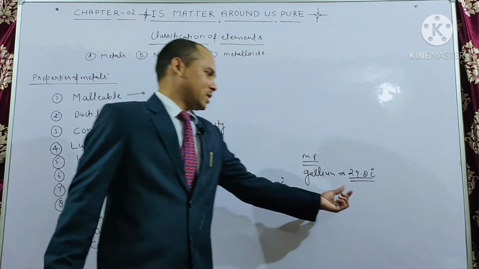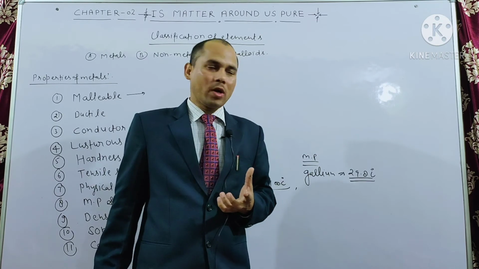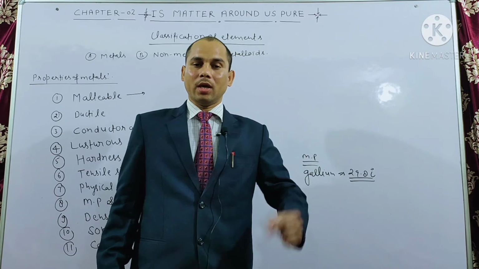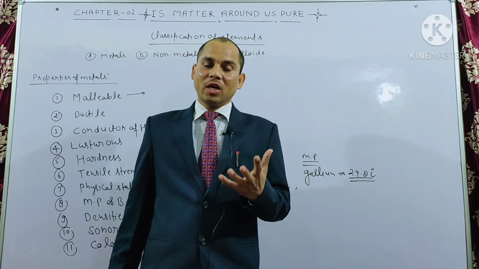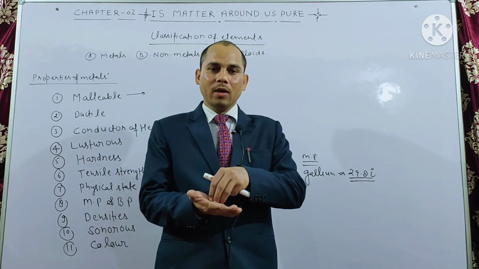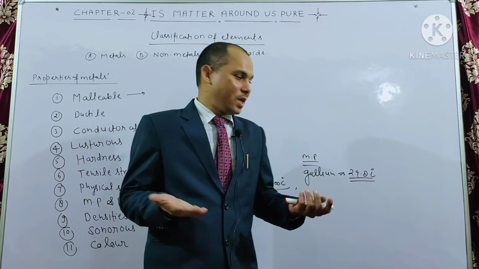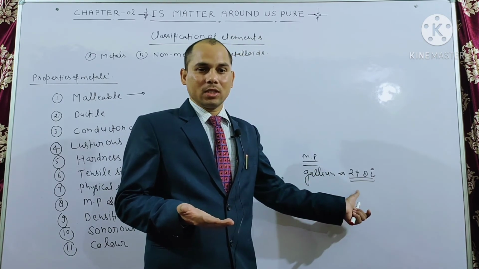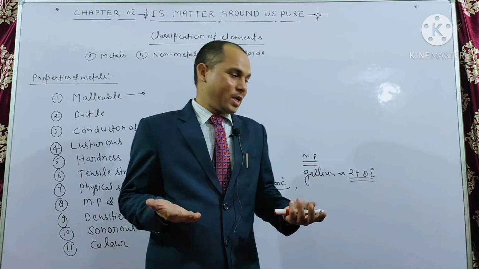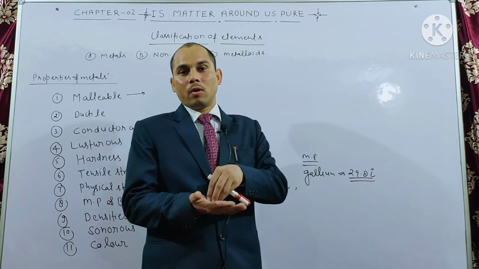That means its melting point is just below the temperature of our body. Our body temperature is normally 37 degrees Celsius. So if we put this gallium metal on our palm, it starts to melt, because its melting point is 29.8 degrees Celsius and our body temperature is continuously 37 degrees Celsius. It is so soft a metal that it can melt as we put it on our palm.